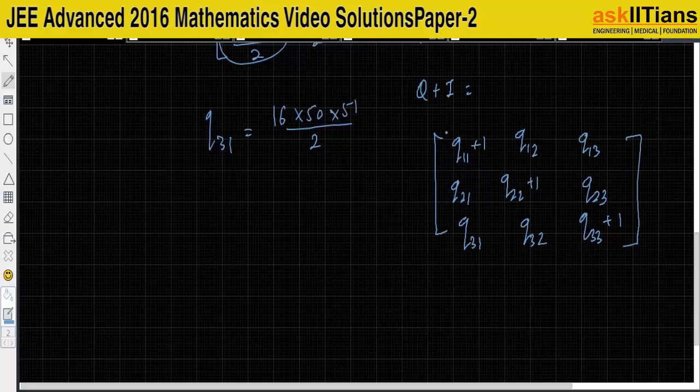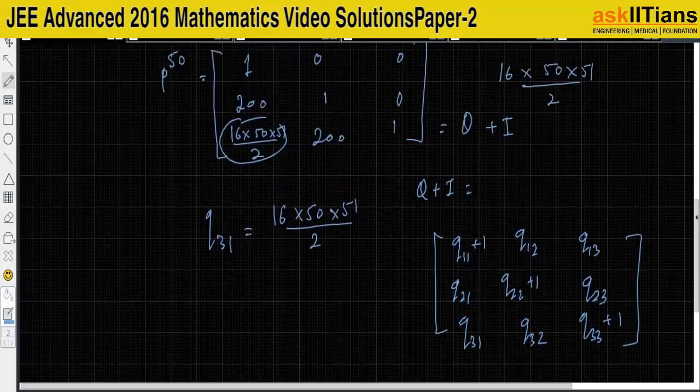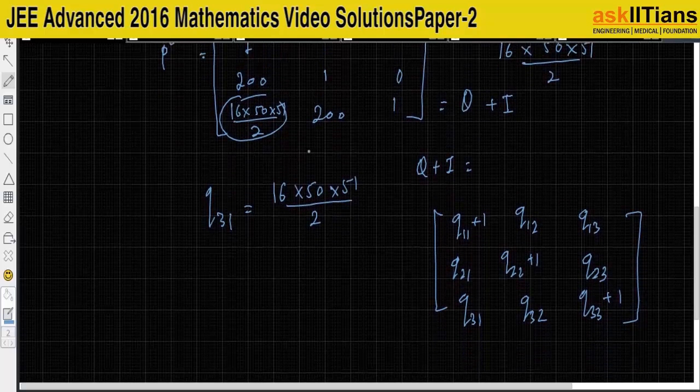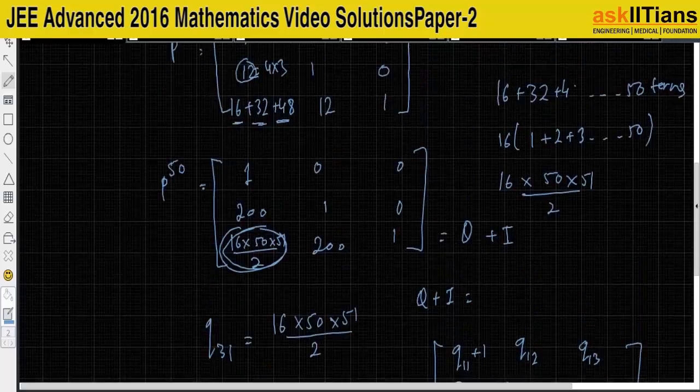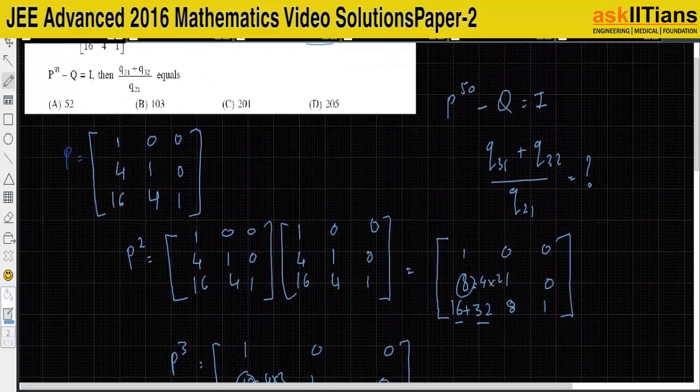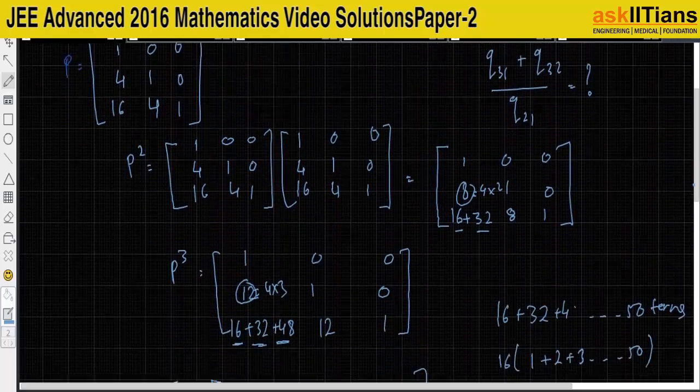This will be matrix Q plus I, and I am comparing this matrix with P power 50. So Q31 will be equal to this term. Now I have to find out the value of Q21 also. So Q21 will be equal to 200. What else? I need to find out the value of Q32. So Q32 will be again 200. Now I need to find out the value of (Q31 plus Q32) divided by Q21.